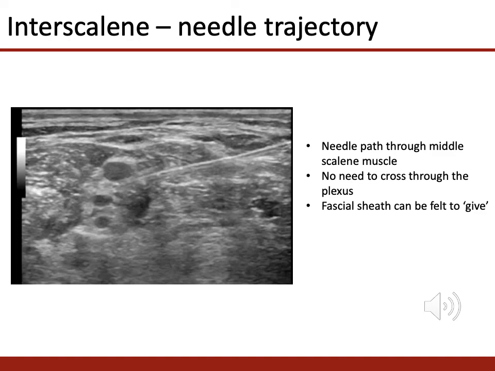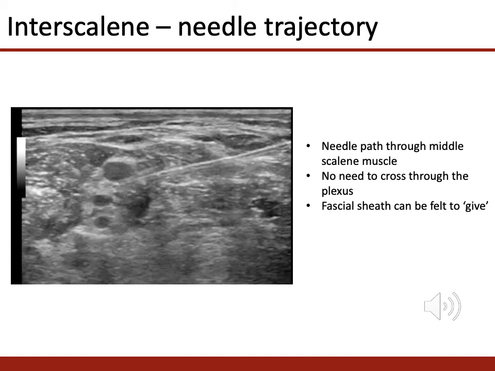So here we can see the typical needle trajectory in an interscalene nerve block when approaching the plexus with an in-plane technique. We can see the needle position is at the lateral posterior aspect of the neck, heading towards the medial anterior aspect of the neck. We can see the needle traverses through the middle scalene muscle.